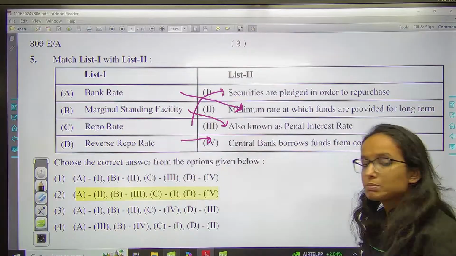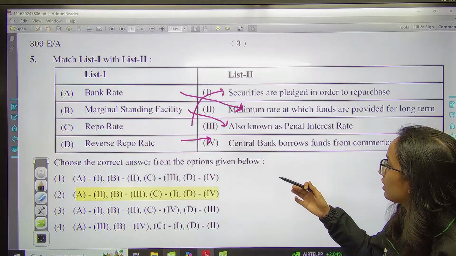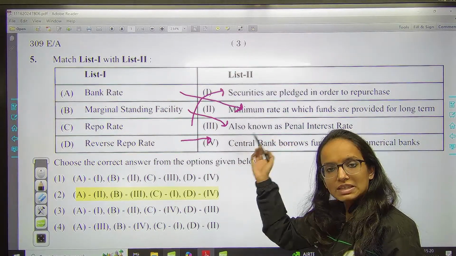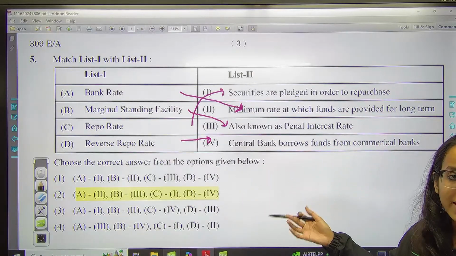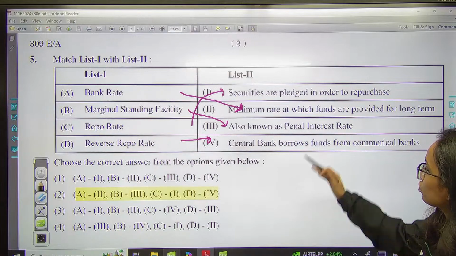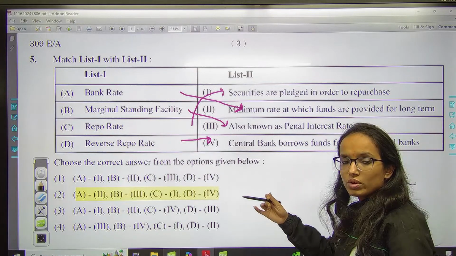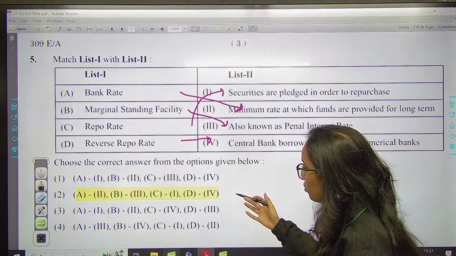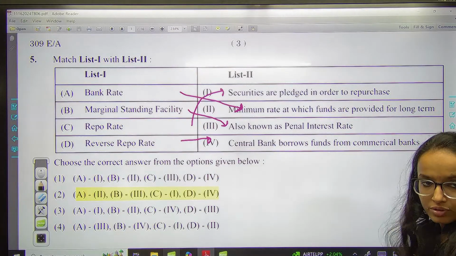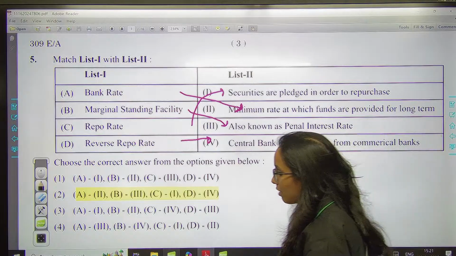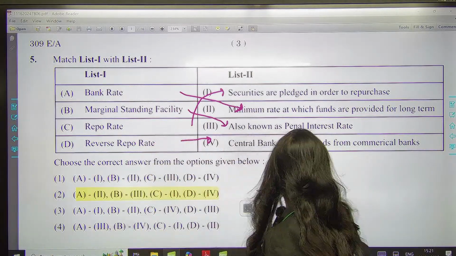MSF is also known as the penal interest rate. In the repo rate, the securities are pledged as collateral. In the reverse repo rate, the central bank borrows at this rate from the commercial banks. These kinds of definitions they can ask you in the match the following format. Here the correct option is the second, which is 2, 3, 1, 4, right? So again, monetary policy comes out to be an important segment from this question.